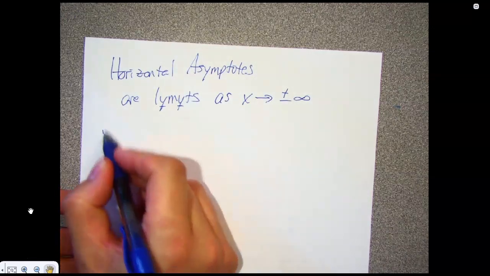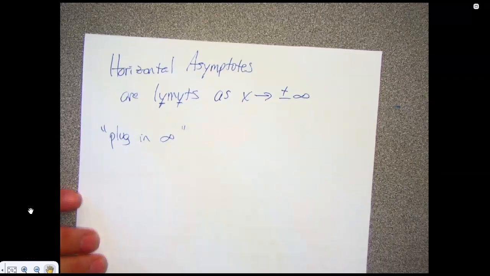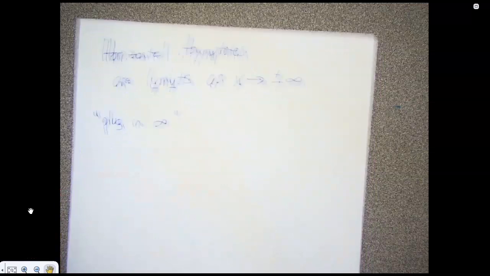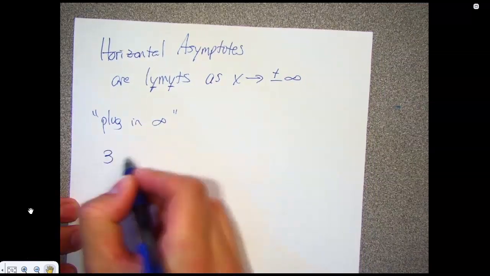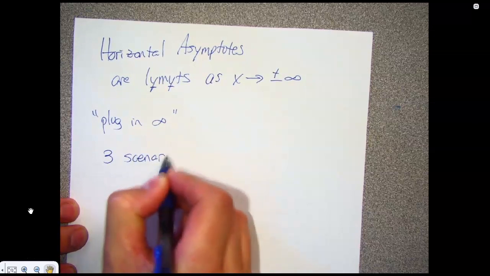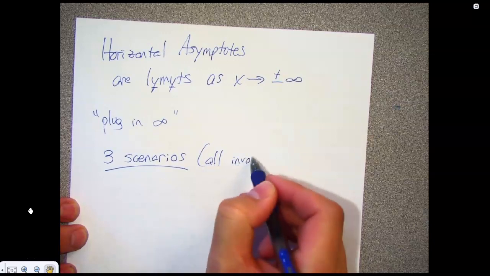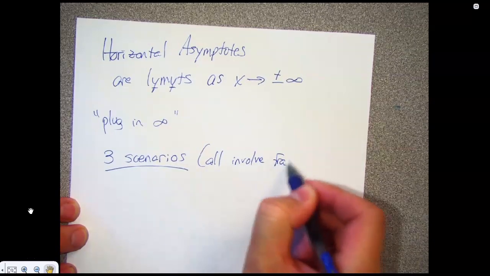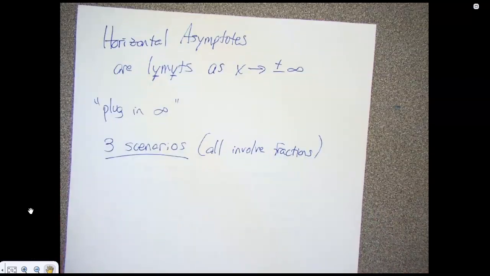So we're going to kind of plug in infinity. I'll show you, but you're not necessarily doing that. I'll just show you what I mean by that. There are three scenarios. All involve fractions. If there's no fraction, there is no horizontal asymptote.